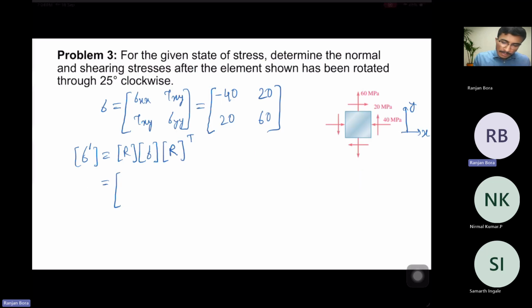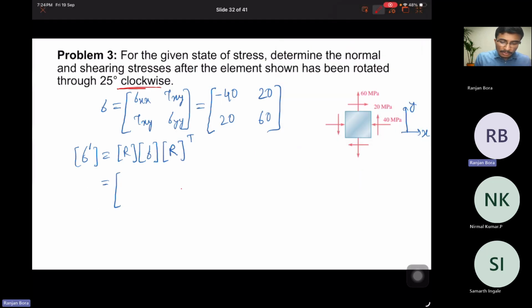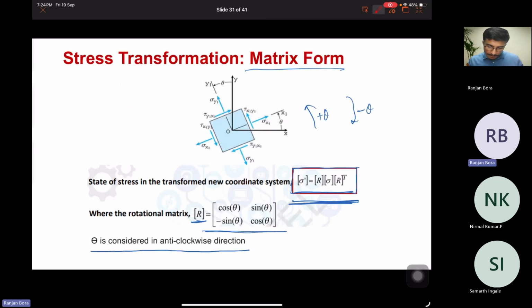And see, in this problem, it is given we are rotating the element in clockwise direction. So here theta will be negative. So here cos minus theta, sin minus theta.